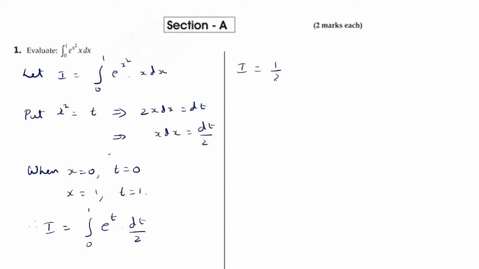So we get I is equal to half of the integral of e raised to t dt, which is e raised to t with the limits 0 to 1. So it is half into e raised to 1 minus e raised to 0, or it is half of (e minus 1). So this is the value of the given definite integral.